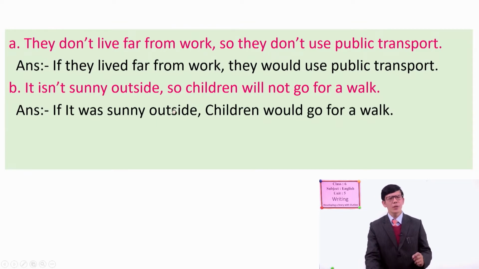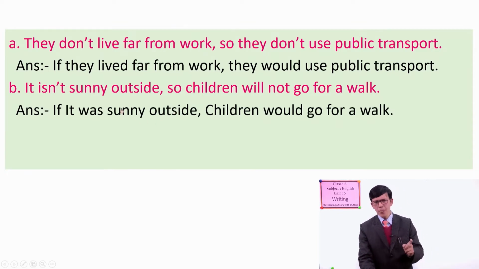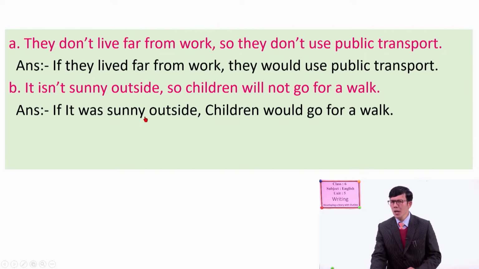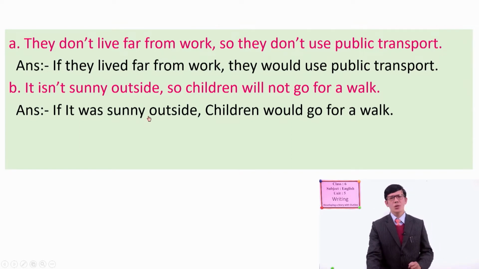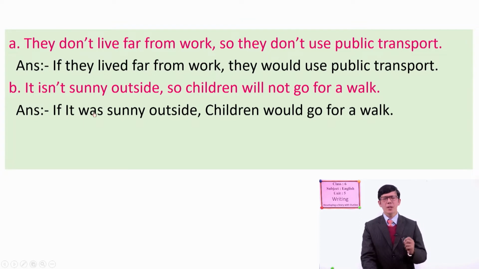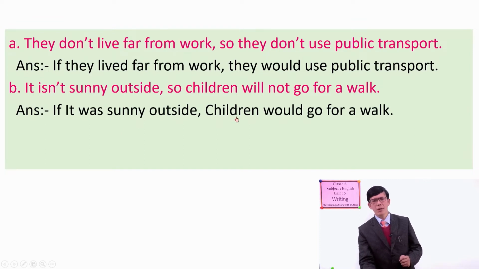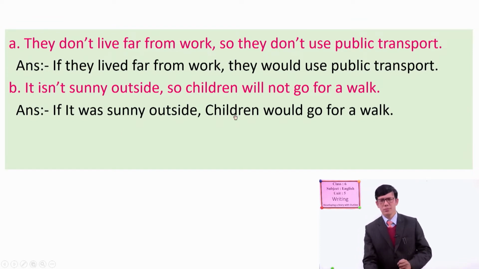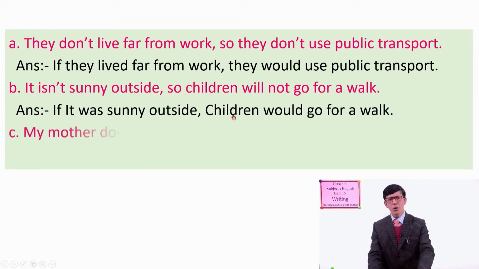If it was sunny outside, children would go for a walk, right? If it was, look here. This is verb 2, conditional second. If it was sunny outside, and in the main clause, children would go for a walk. Very good. You have also done it.